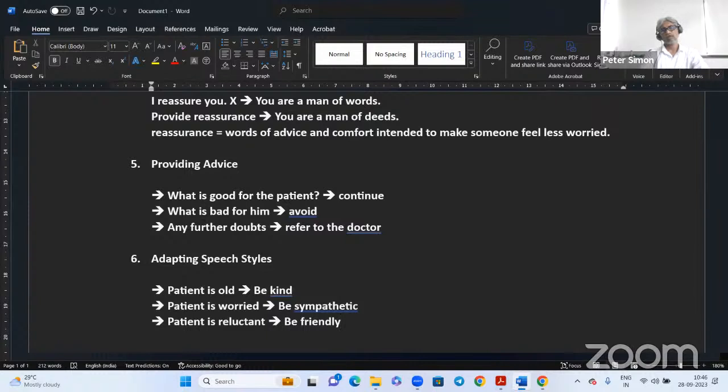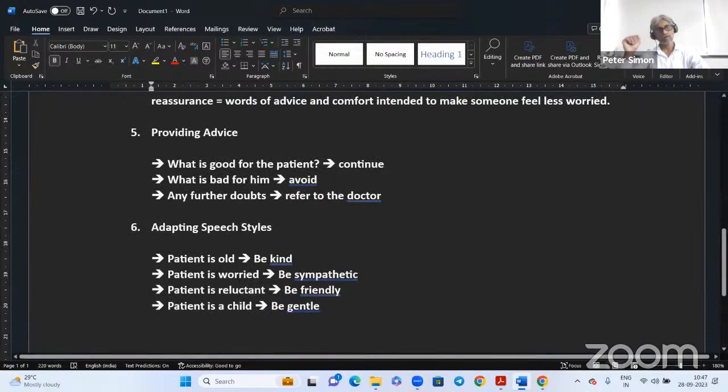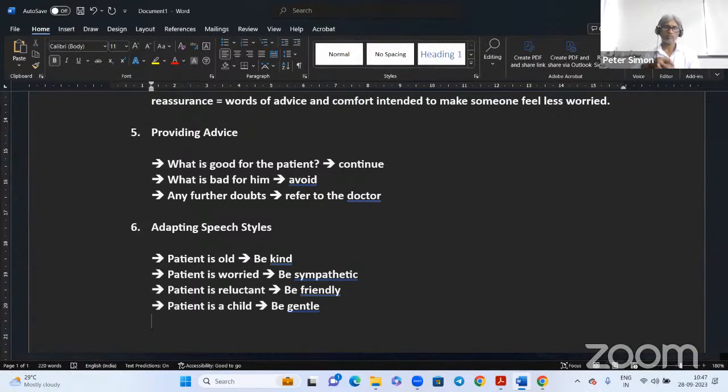Then the patient is a child. Be gentle. So according to the patient, you have to adapt your speech styles.